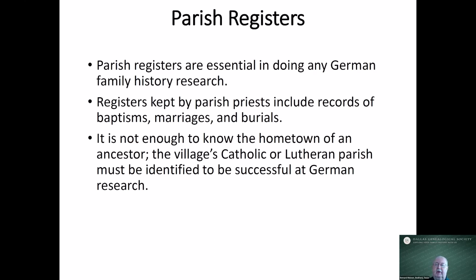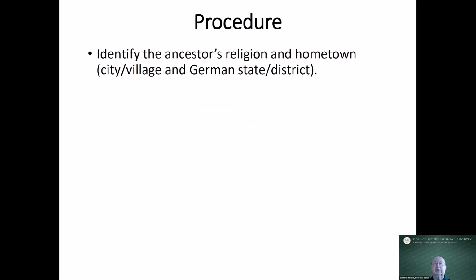In most cases, that would be either Catholic or Lutheran after the Reformation. There are a few other smaller sects that people may have belonged to as well, and even if they did, they may have registered some of the records in the neighborhood Catholic or Lutheran church.